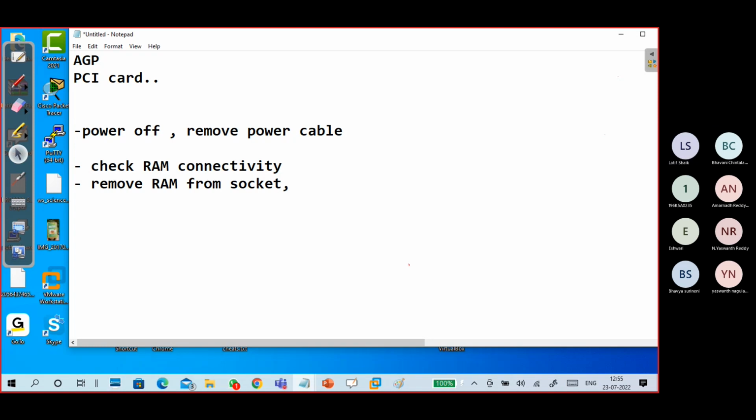First of all, clean the edges of the RAM.